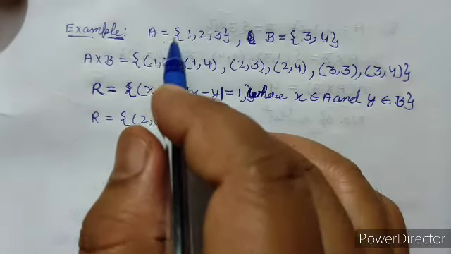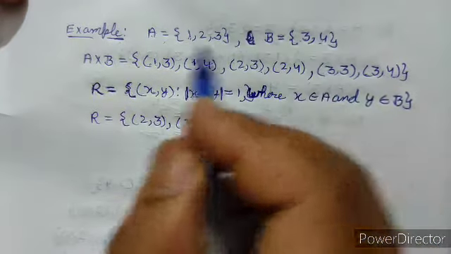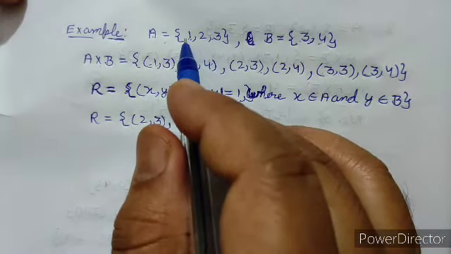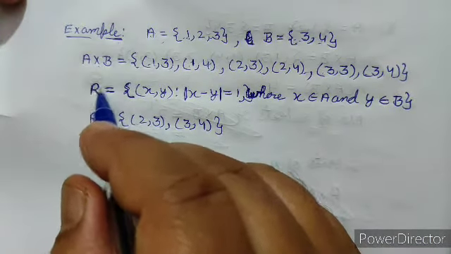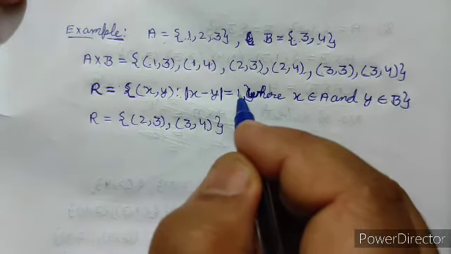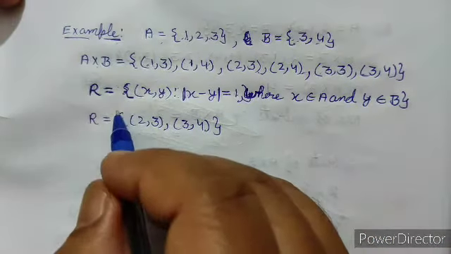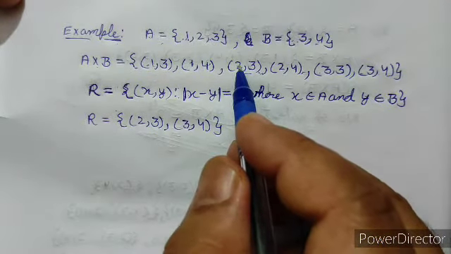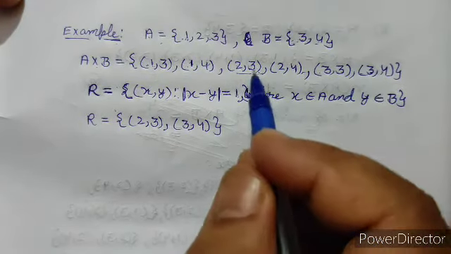Suppose there is set A having 3 elements 1, 2 and 3, and set B has 2 elements 3 and 4. Now A cross B will be the set of ordered pairs whose first element is from set A and second element is from the set B. Now if we take a relation R = {(x, y): |x - y| = 1}, where x belongs to A and y belongs to set B, then R will have only 2 elements, that is (2, 3), since |2 - 3| equals 1, and (3, 4), since |3 - 4| equals 1.